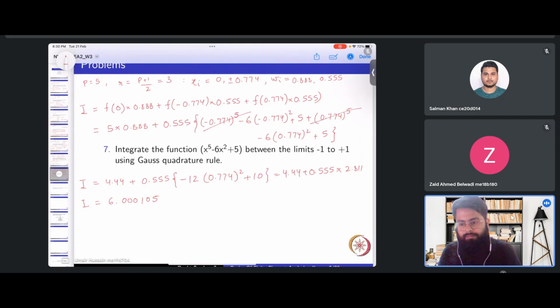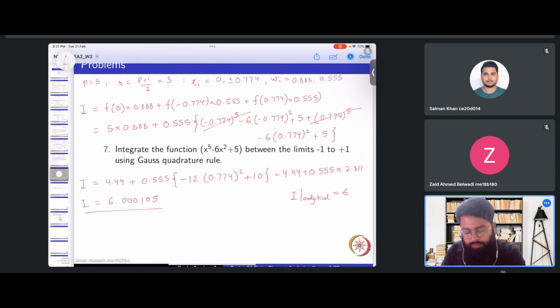Yeah, so the exact value is actually 6. So we get a pretty close value using Gauss quadrature.